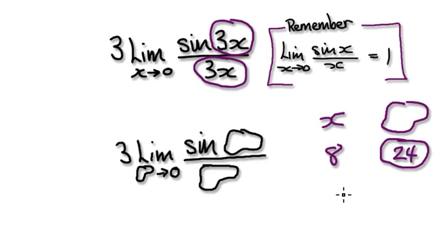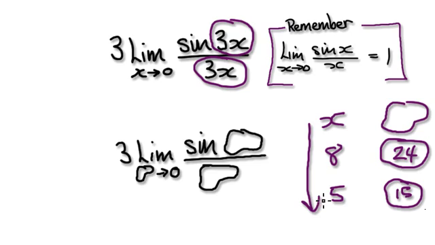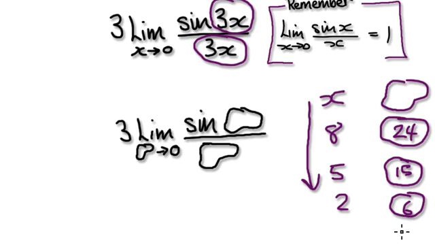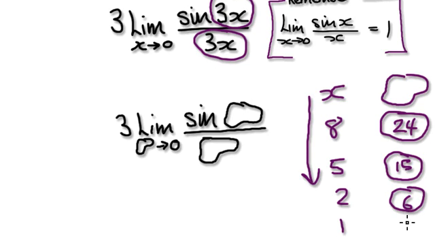And then let's say x is 5. Then the bubble is 15. Can you see x is approaching 0 here? When x is 2, then the bubble will be 6. When x is 1, the bubble is 3.